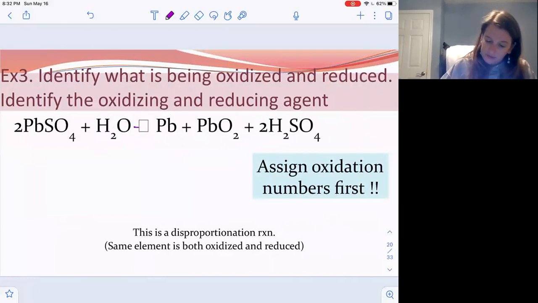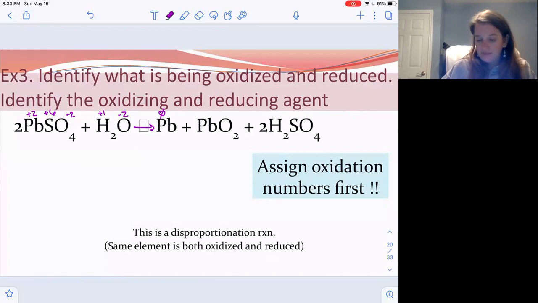So here, let's do another example. So we've got +2 for this lead, -2 for the oxygen. What is this sulfur's oxidation number? We've got 8 total negatives from the oxygen, +2 from the lead. So sulfur has to be +6. Water, we should know by now, +1 and -2. This first lead is going to have an oxidation number of 0.